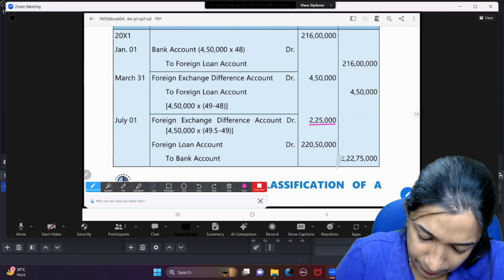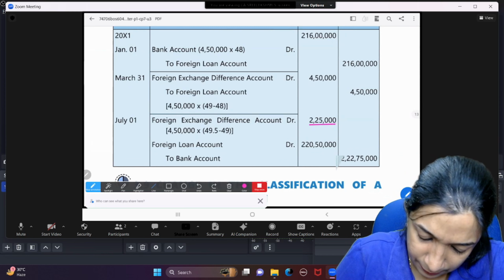PPE, non-monetary. So only one monetary item was trade receivables, which means a fixed foreign currency is payable, a fixed foreign currency is receivable. That is what a monetary item is. Assets and liabilities to be settled in foreign currency.